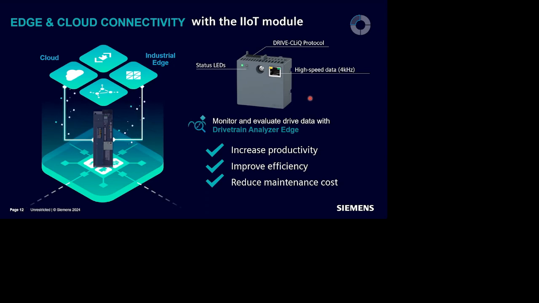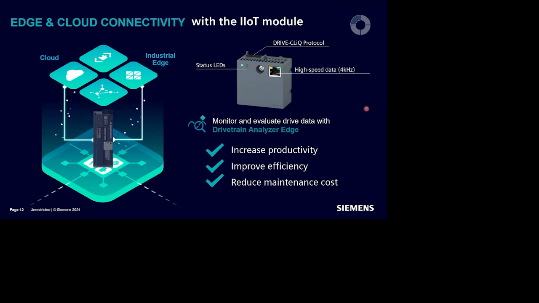This module can be connected beneath the drive, as you see here, and it's automatically recognized by the drive. Then via this high-speed port, we can just plug in a patch cable connected to industrial edge, select the 16 parameters that can be sent with this high frequency to the industrial edge.